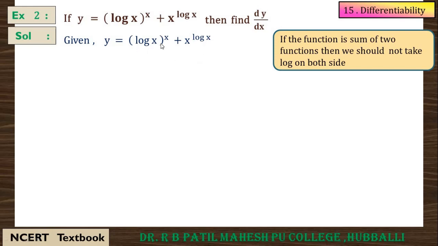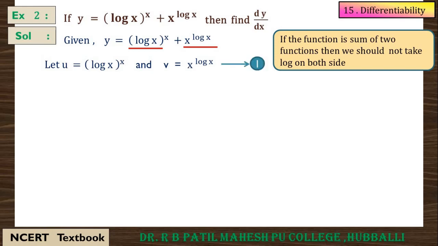In this case, the first function you consider as a u function. Let u is equal to (log x) raised to x. So denote the first function as u, and the second one you denote as v, x raised to log x. So this is the technique.